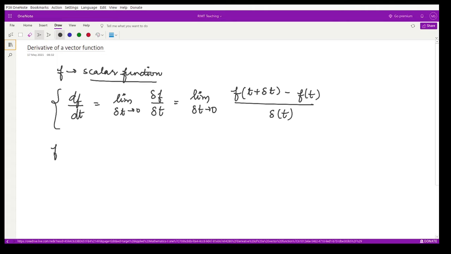Now if instead of the scalar function we have a vector function, we'll go with the same definition.